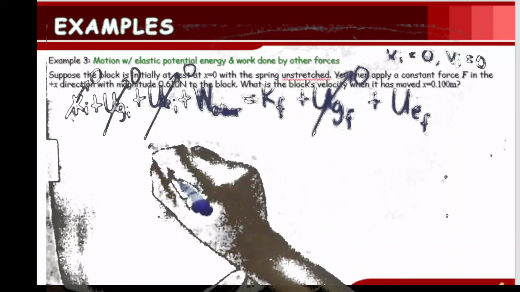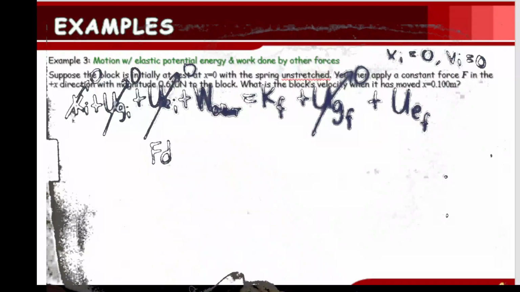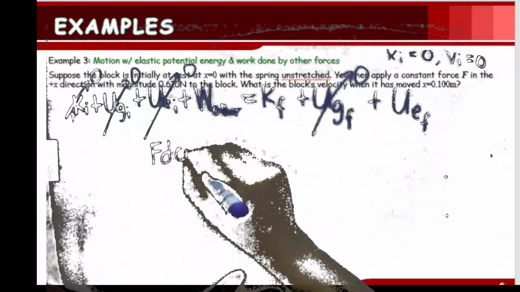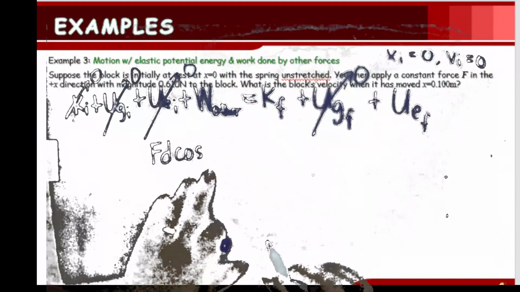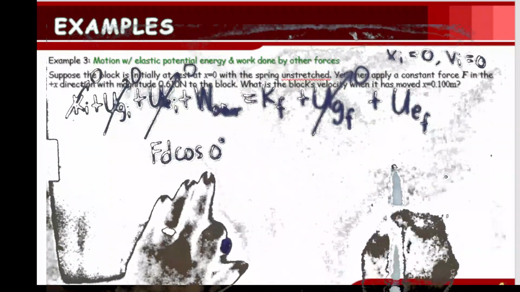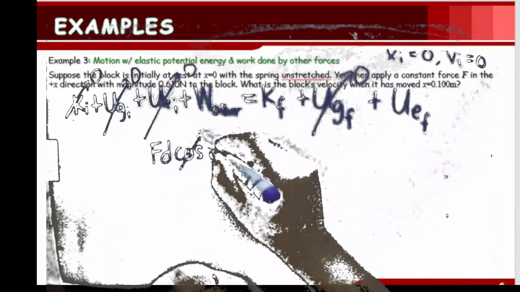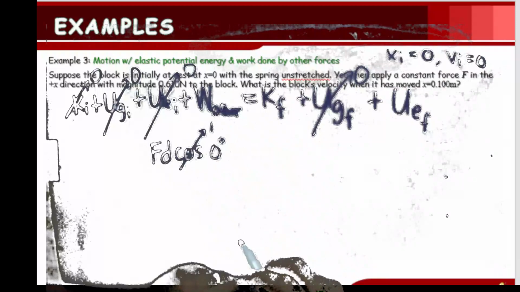So that will be the force exerted by the hand times the distance, and then cosine theta. Theta here is 0 degree because the force exerted and the displacement are the same direction. Take note, cosine 0 is positive 1.